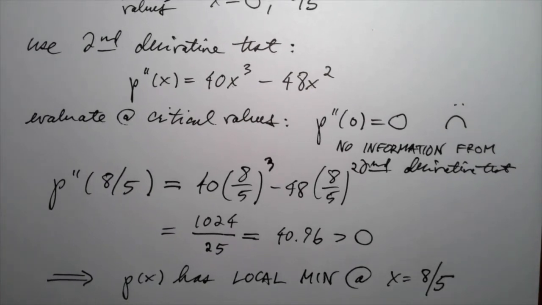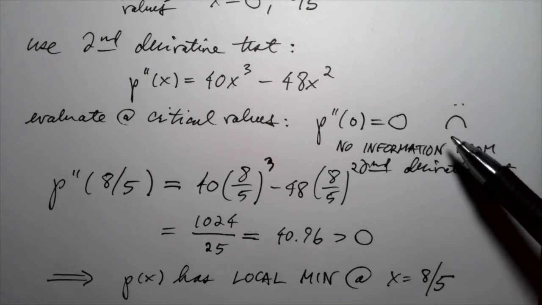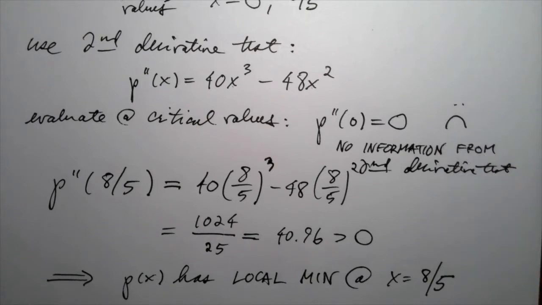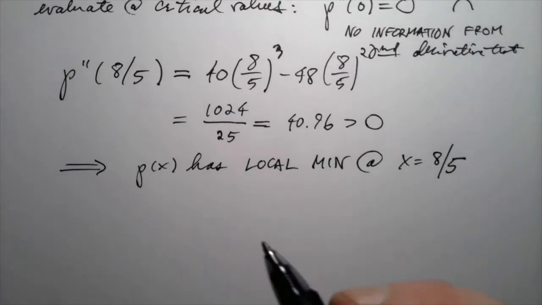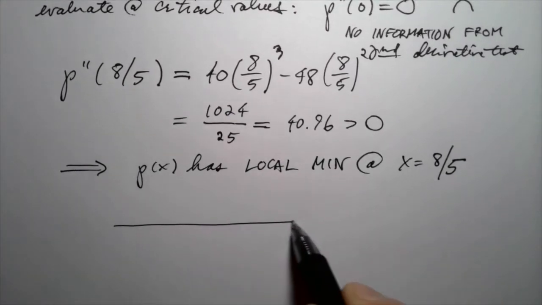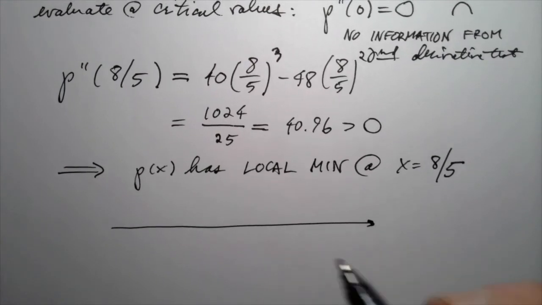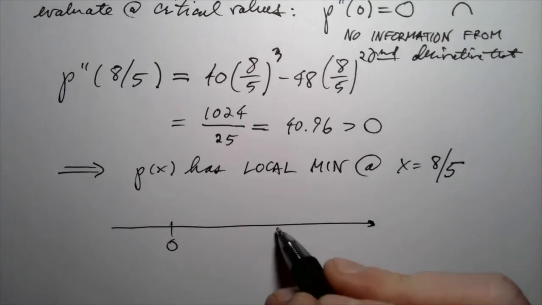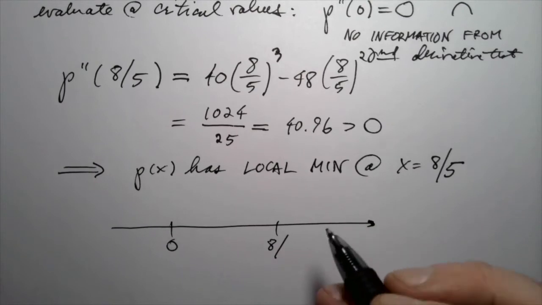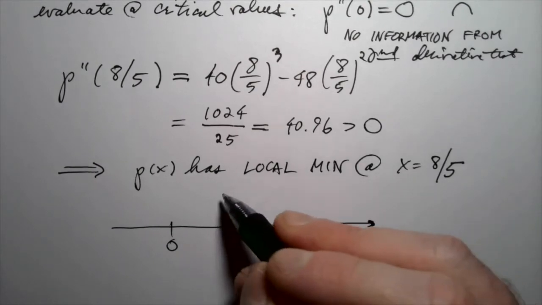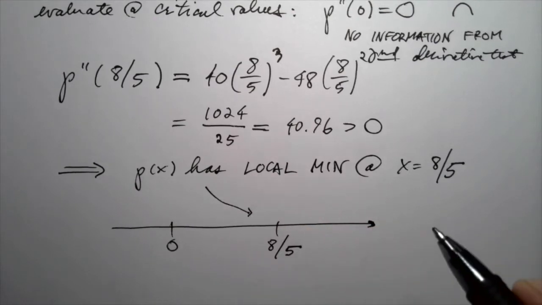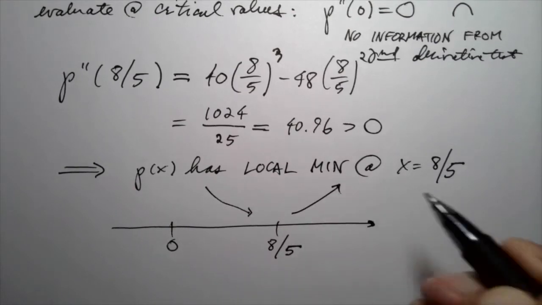Okay, and now remember how we couldn't get any information at 0? What are we going to do to reason this through? So we can make a little sketch of what's going on. If this is an imaginary x-axis, here's 0, here's 8 over 5, and we know we have a local min there, right? So the function's going to be decreasing and then increasing.